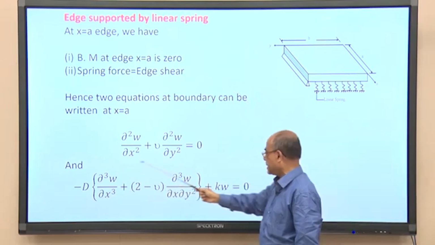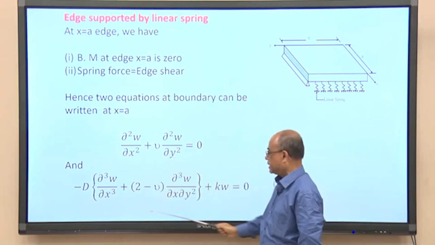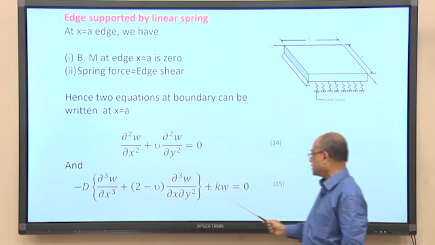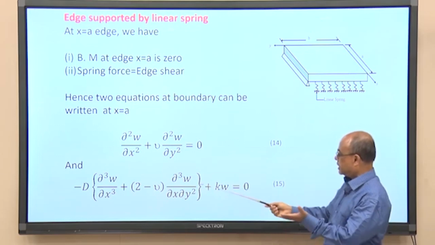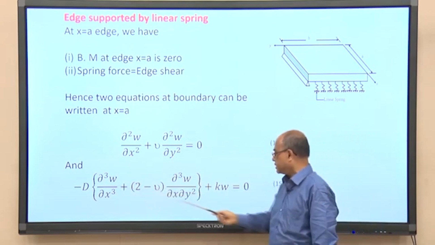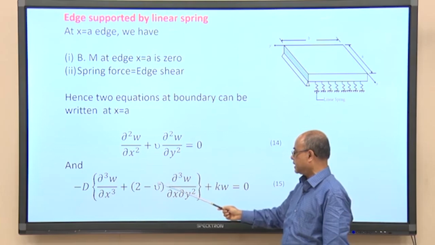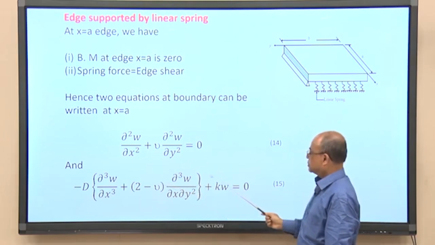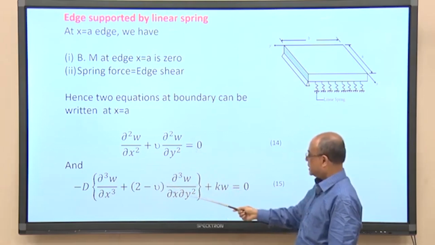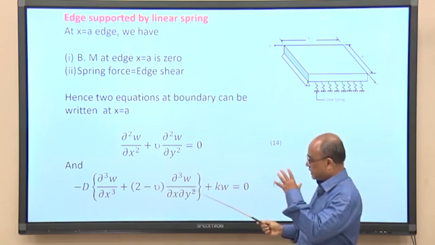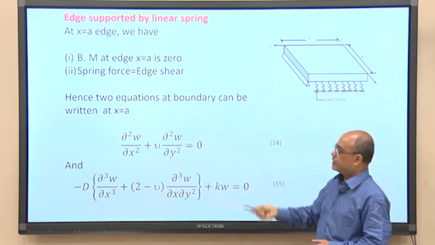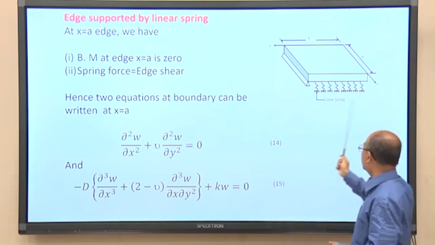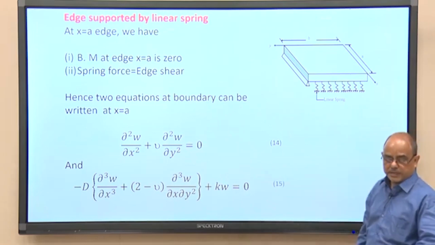This is the S shear expression at x equal to a, that we have derived earlier, plus k w, that is the spring force, equal to 0. That means D into whatever quantity is within the second bracket equals k w. So, it indicates that the spring force has to be balanced by the S shear. These are the conditions when one edge is supported by a linear spring.